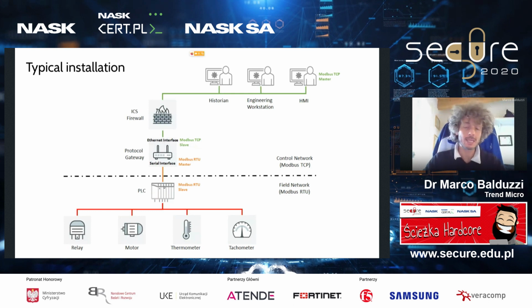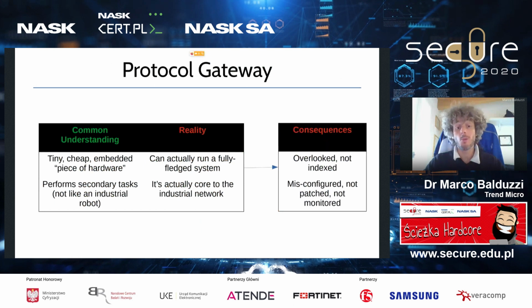So you receive the command from the master, and then propagate it down to the different sensors, engines, motors, thermometers, and so on and so forth. So this gateway plays a very important role, as you can see here. Even if it's very small, it's very, very important on the production side.